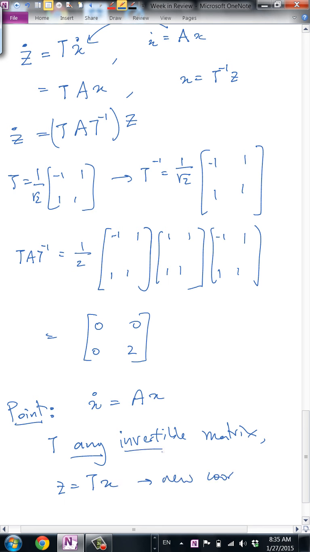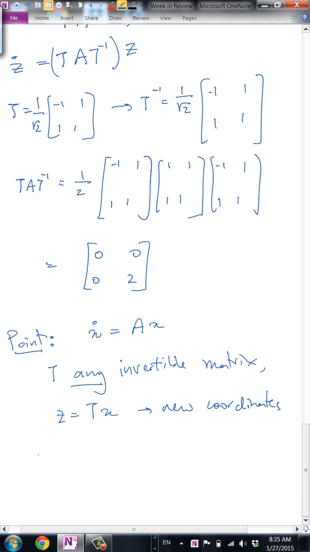It has to be invertible. New coordinates. And therefore, we get the new equation that represents exactly the same system, just perceived differently. z dot is equal to T A T inverse times z.